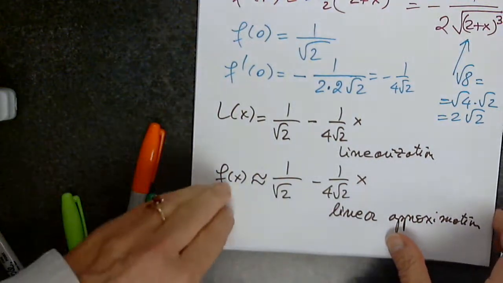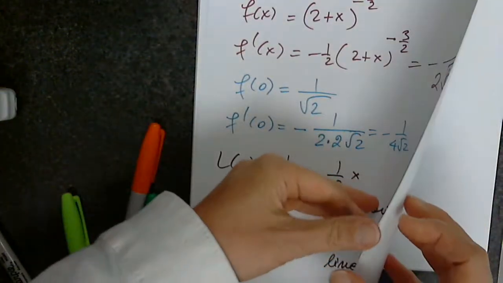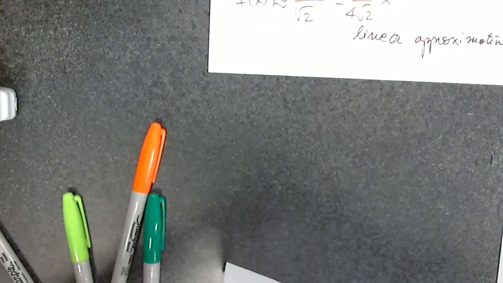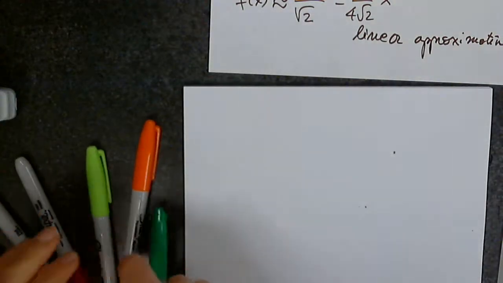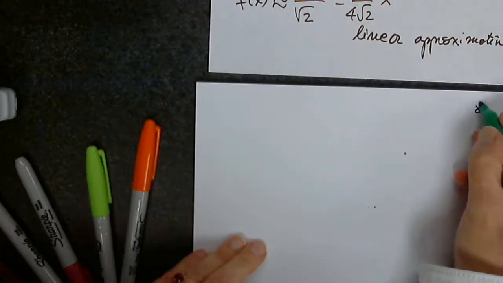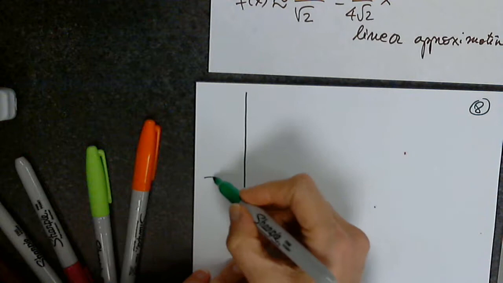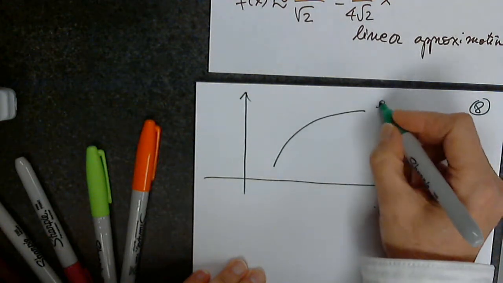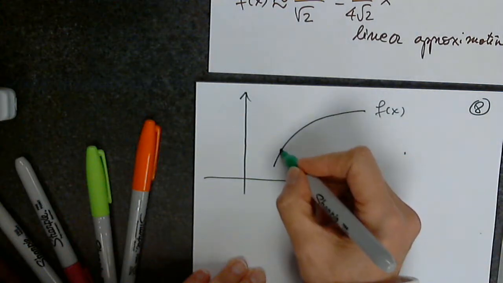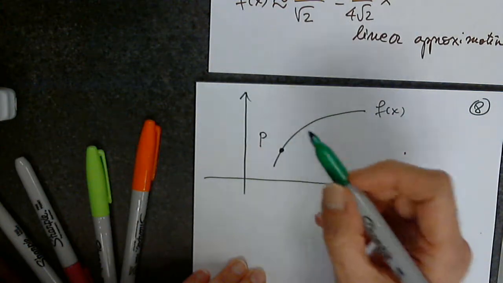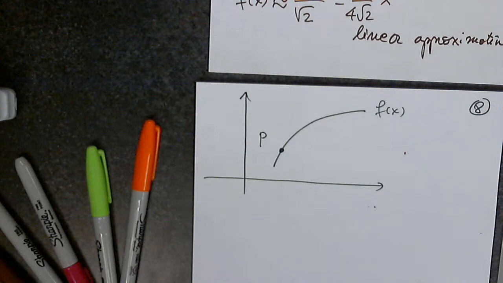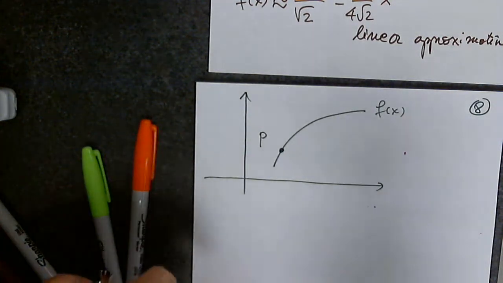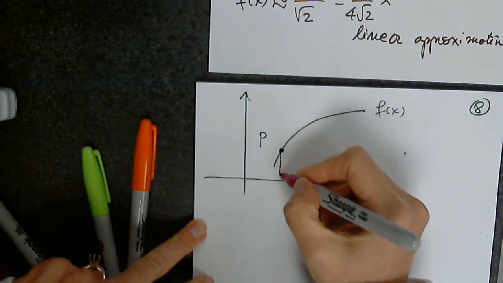Okay, so we have to come back now to the same graph over and over. Sorry. So let's go back to our graph. Here's the function f of x. Here's the point P. And this is x.